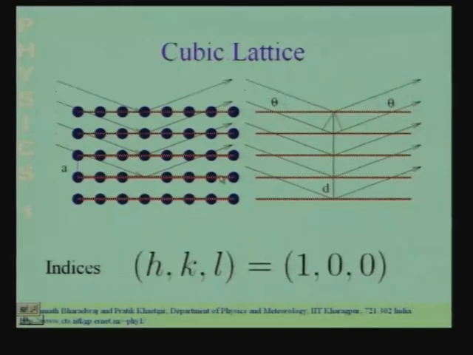Now there are three indices called the Miller indices, which are used to quantify, to label these planes.